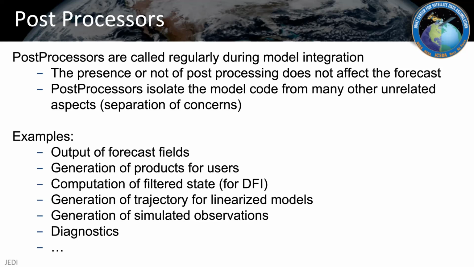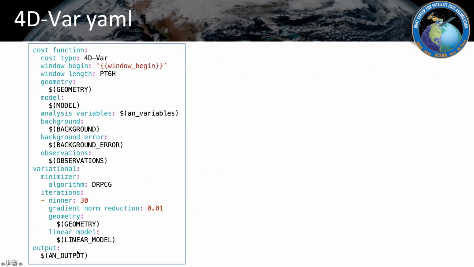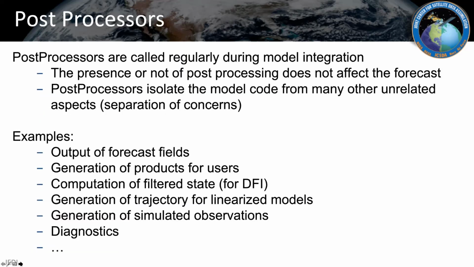And you could actually use that simulation of observations during a forecast just to simulate future observations ahead of time and do some kind of diagnostics from that. So there's all kinds of interesting things you can do with post-processors, and I'm sure people will add more post-processors.